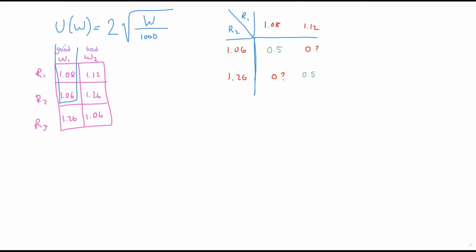So you're in the good state, you've got 1.08 for R1 and 1.06 for R2, or you're in the bad state, where you've got 1.12 for R1 and 1.26 for R2. There's no mix and match with this. So that's why these have a probability of 0, because there's no scenario in which R1 is equal to 1.12 while R2 is equal to 1.06. And similarly, there's no scenario where R1 is 1.08 and R2 is 1.26. So these have to be ascribed a value of 0.